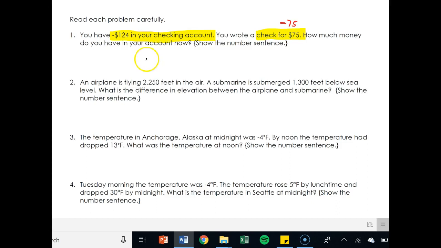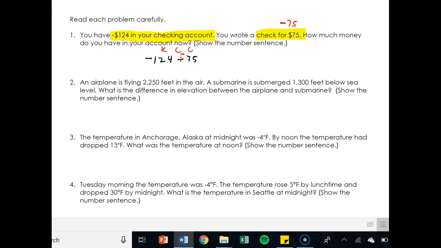So this is negative 124, and then you're going to lose another $75, right? So this is a subtraction problem, right? So I need to KCC this. Keep this the same. Don't do anything to that negative there. Change this to an addition problem and change that to negative.